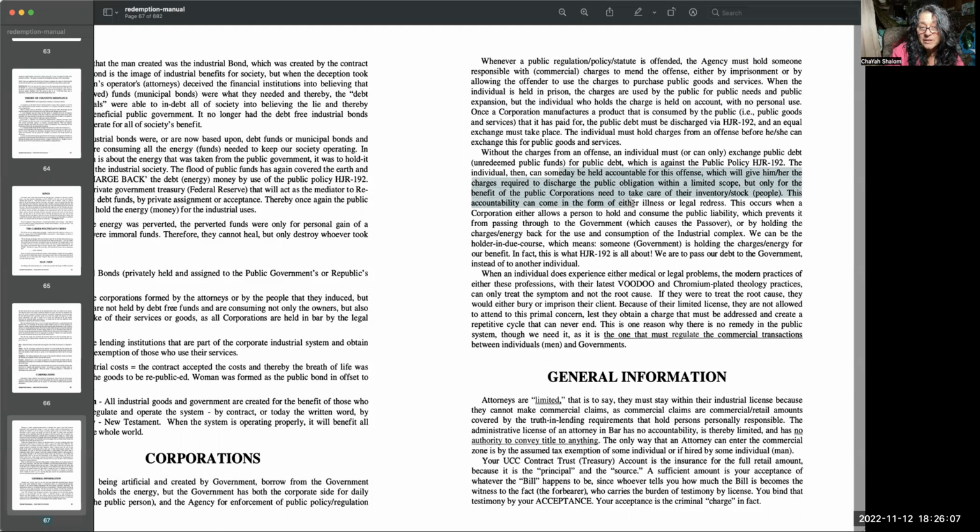This accountability can come in the form of either illness or legal redress. This occurs when a corporation either allows a person to hold and consume the public liability, which prevents it from passing through to the government, which causes the passover.